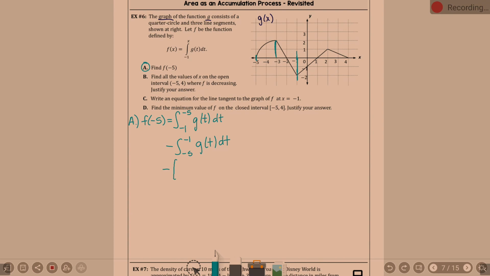Area of a circle is pi r squared. This is a quarter circle, so we're going to do 1/4. The radius is 2, so you're doing 1/4 pi times 2 squared, which is going to be pi.